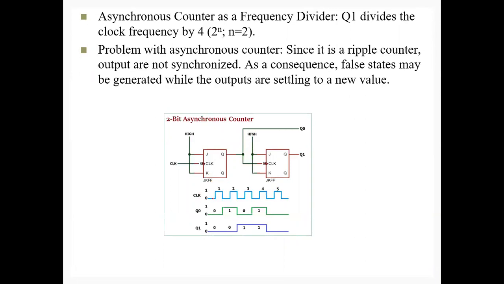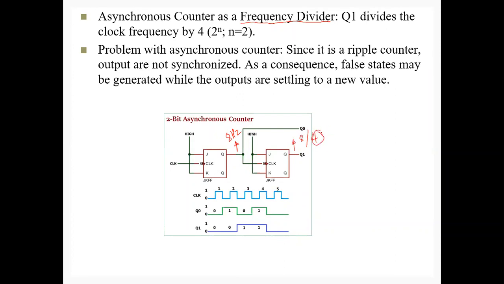Now, how does this act as a frequency divider? Frequency divider means, whatever frequency we have, suppose this is the frequency of the signal here. I don't know, 8 hertz, right? Let's say frequency of the signal here is 8 hertz. Then what is the frequency of the signal here? 8 divided by 4.